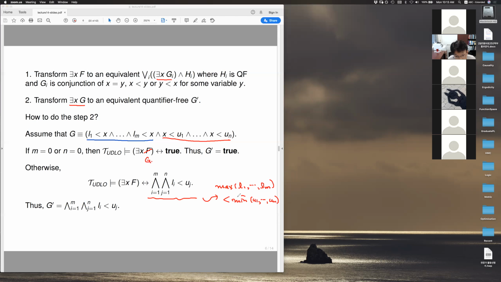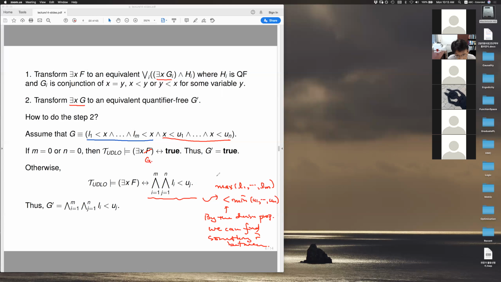Then by the dense property, because something is smaller than some other thing, we can always find something in between. So that's why these two things are equivalent.